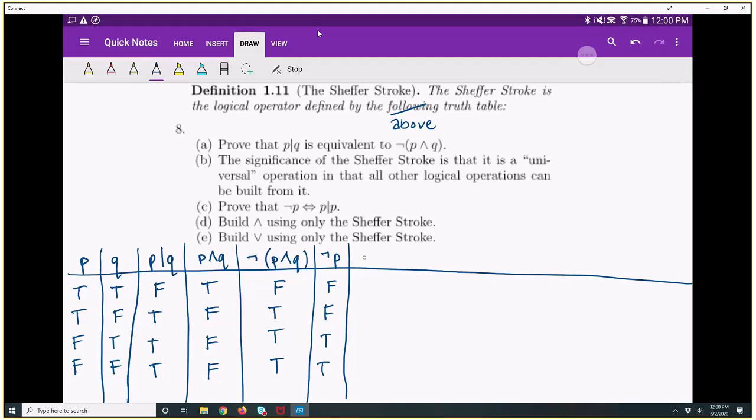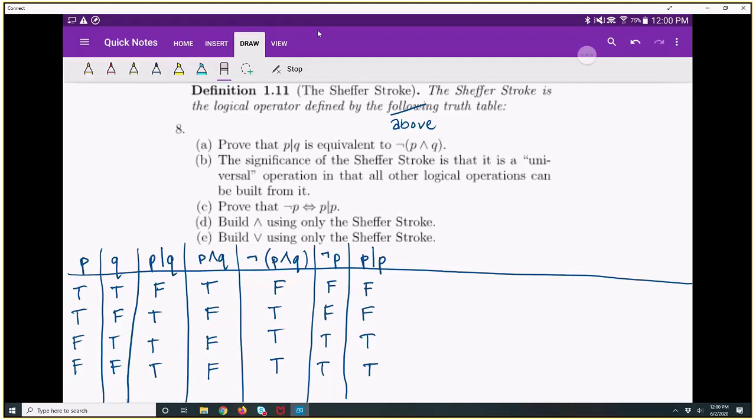And the Sheffer stroke of P with P, so I'm imagining that I have this column for P twice. So the first line will be true and true, that's false. The second line will be true and true, that's false. Then we'll have false and false, which is true, false and false, which is true. So we can see that these are equivalent.